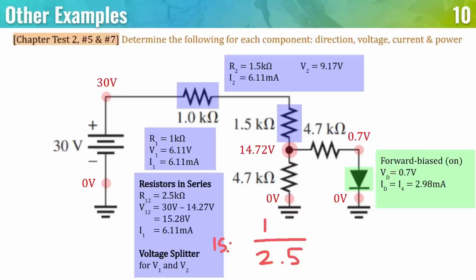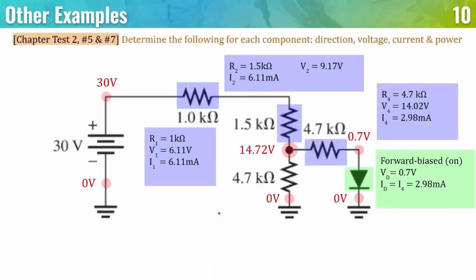So using the voltage splitter, it is 15.28 times 1 over 2.5 for the 1 kilo ohm resistor, and then 1.5 over 2.5 for the 1.5 kilo ohm resistor. That yields 6.11 volts and 9.17 volts respectively. To double check your answer, when you add these up, they should still equal 15.28 volts.